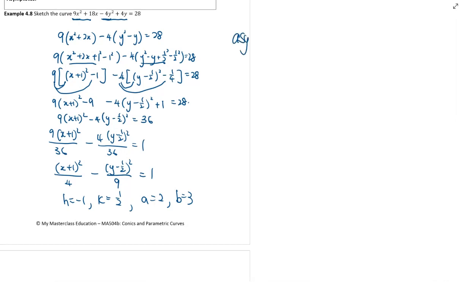Okay, the tricky part about finding out the asymptotes is the graph is not able to draw the asymptotes for you. My trick to you is let the constant 1 become 0.